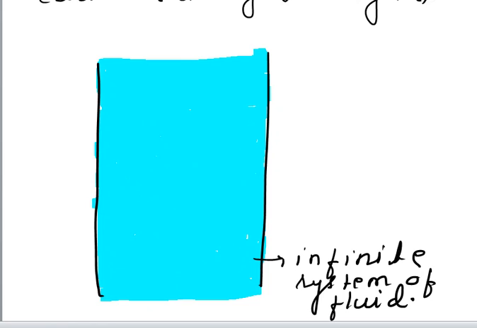So let this be the infinite system of fluid, and in this system there is a spherical solid particle. Let this be the starting position of this spherical solid. Now after falling continuously it achieved, let this be the position which that spherical solid has.